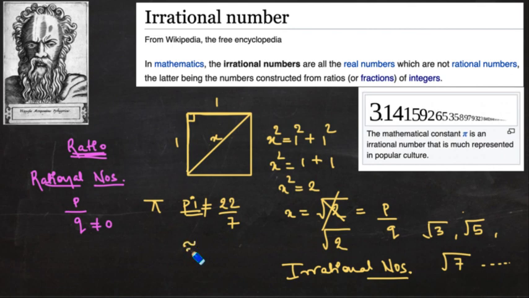We approximate the value of pi as 22 by 7. Pi is actually the ratio of the circumference to the diameter of any circle, and this is an irrational number because we cannot express it as a ratio of two integers.